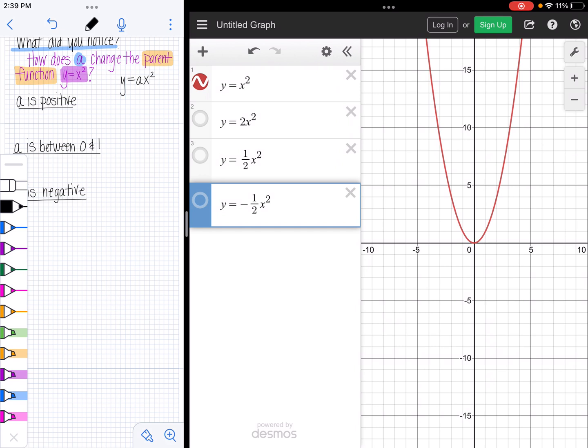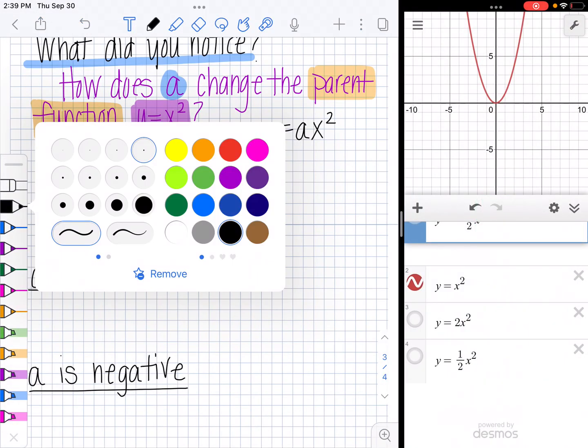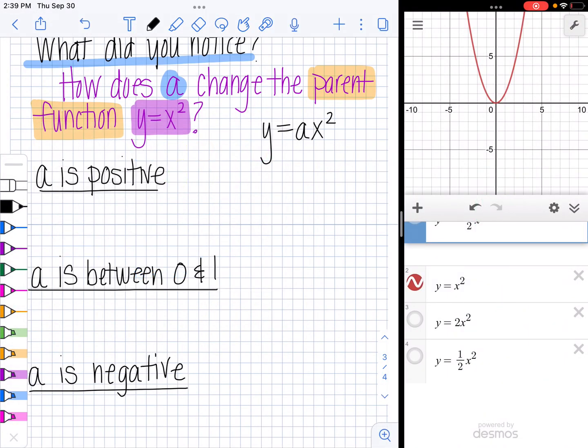If my a value is greater than 1, so I'm going to turn on the graph that we did, what do you notice happens to my graph? Okay, it kind of shrinks down. It gets smaller, or what I call, it turns skinny. So we can write over here, when my a is greater than 1, it is a skinny graph, or we say it condenses.